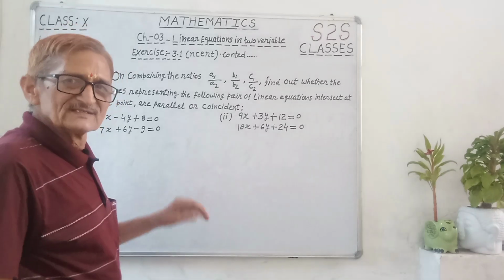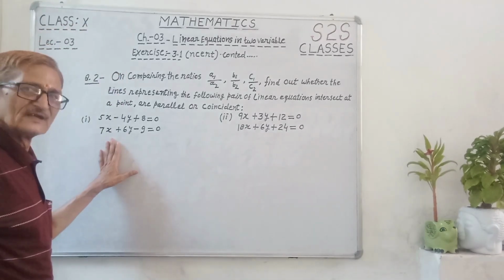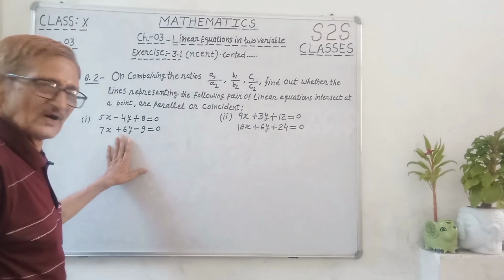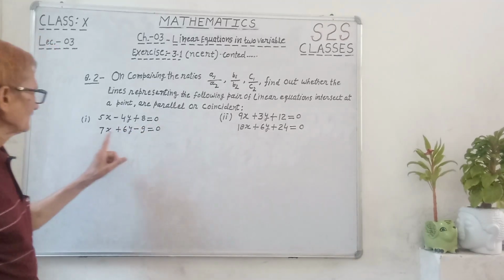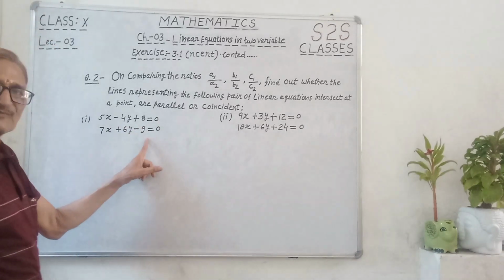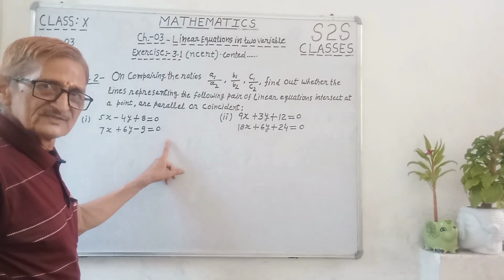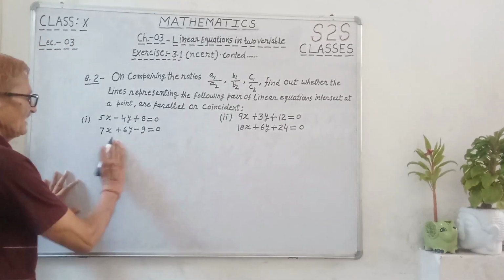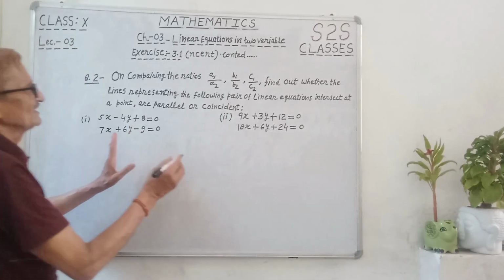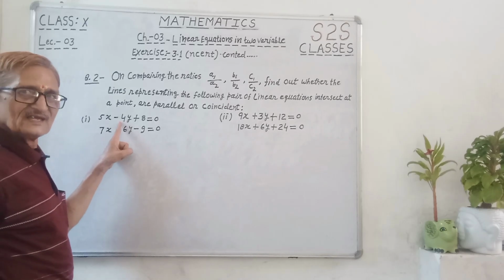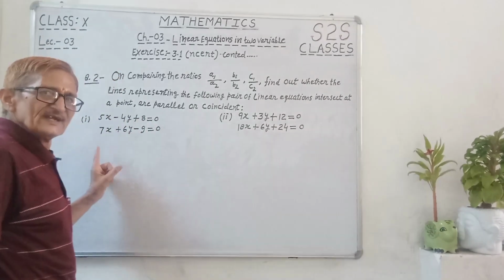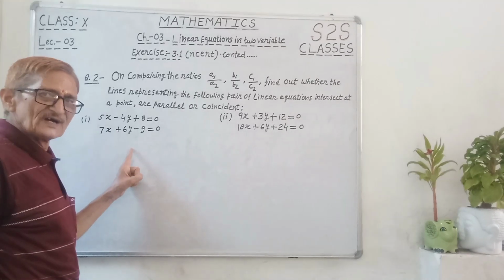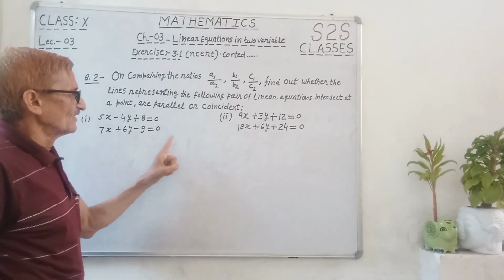Okay, now we can see question 2, first part. 5x minus 4y plus 8 equal to 0, 7x plus 6y minus 9 equal to 0. Now what is A1, B1? Compare with the standard equation A1x plus B1y plus C1 equal to 0, A2x plus B2y plus C2 equal to 0.